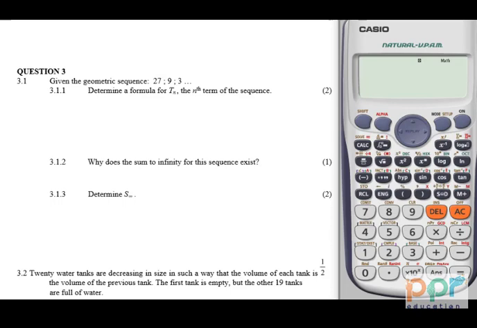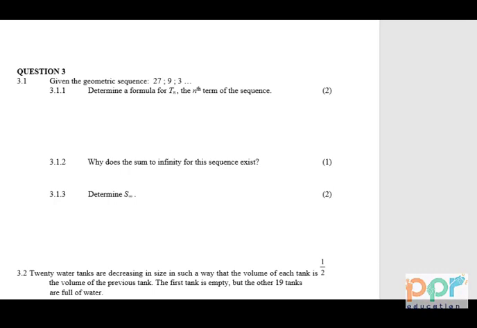Sibheka question 3, sinikezwe geometric sequence 27, 9, 3, bathi asithole iformula for the nth term of the sequence. So as besitshela ukuthi geometric iformula yethu esinayo esiyaziyo, geometric will be given by nth term is equals to a times r raised to power n minus 1.